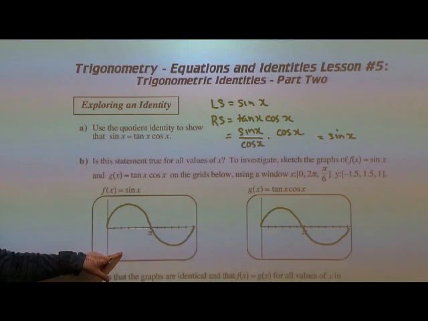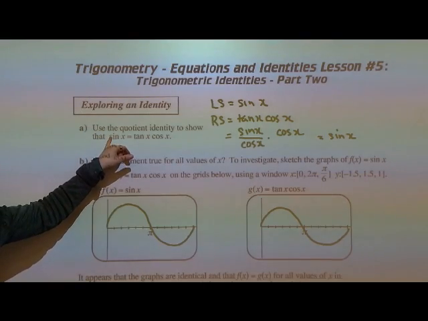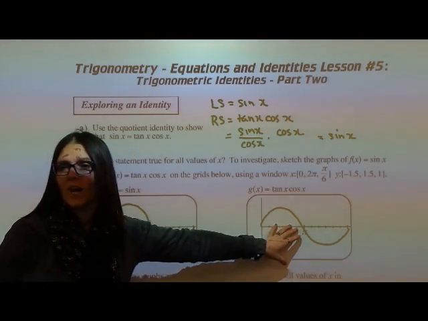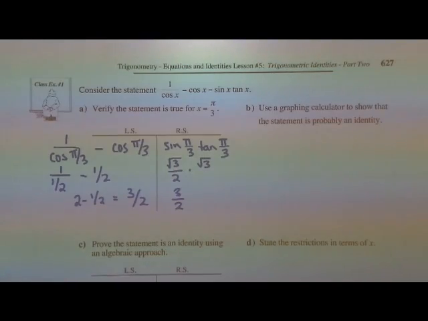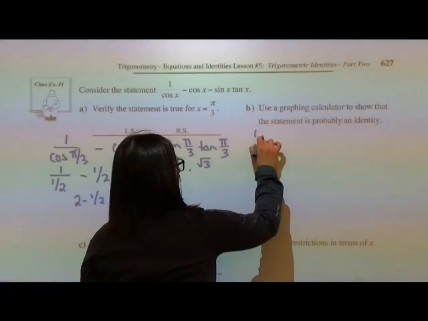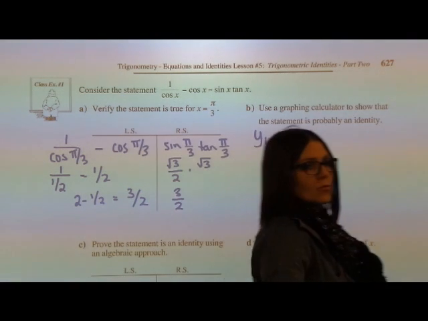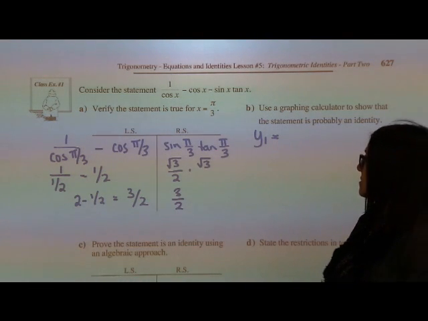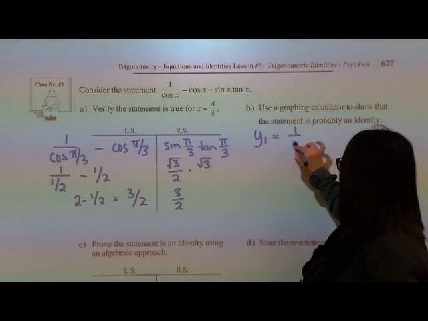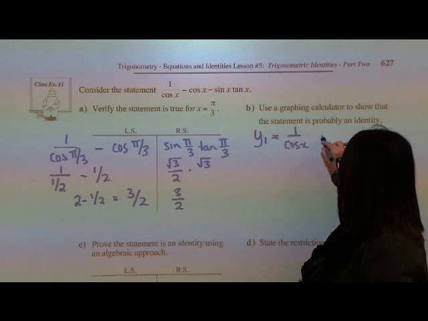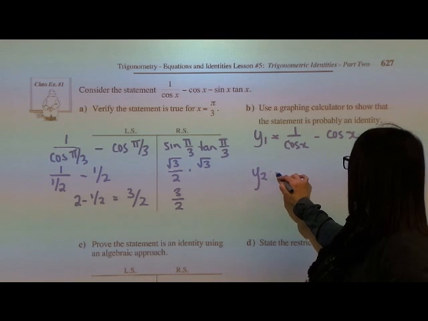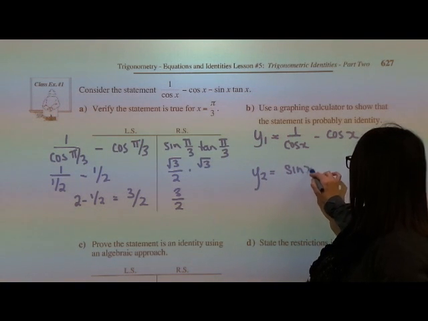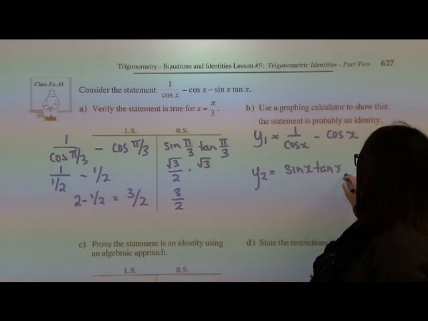We graphed sine x, which was the left side of the equation, and then we graphed the right side. So that's what I could do with this one: I can let y1 be equal to the left side, which would be 1 over cos x minus cos x, and then I could let y2 be equal to the right-hand side.